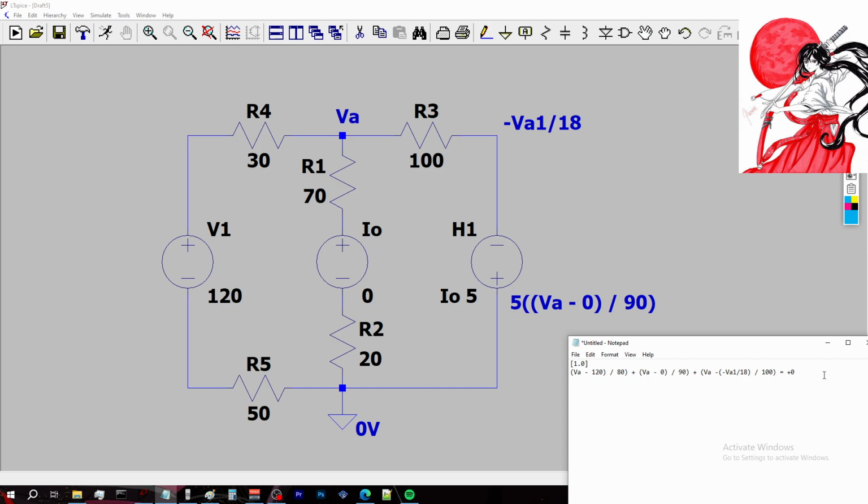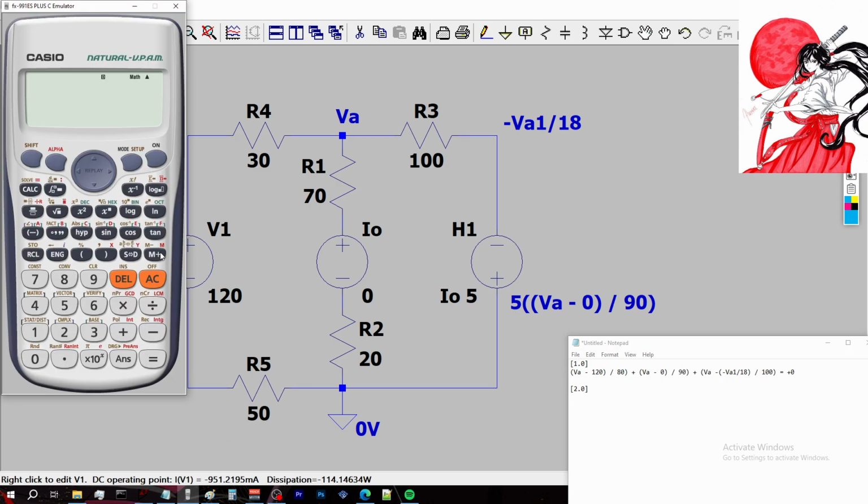We've got to figure out what goes into 80, 90, 18, and 100. Let's write that out. I could enter that in the calculator, but that's going to take a while, so let's just do it.